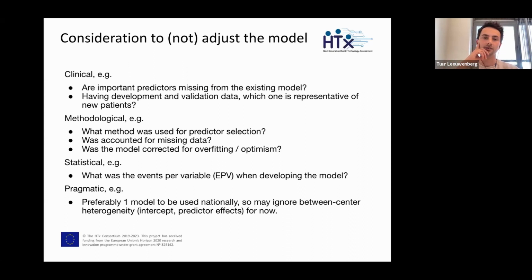It could also be that some new research identified a very important predictive factor of the outcome that you're interested in, that you would want to include. But it could also be simply because there were issues with the initial model development that you want to fix.